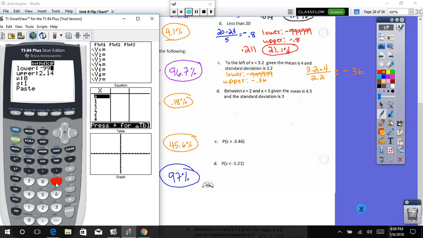Remember, in order to just jump straight into putting it in your calculator, it needs to say z. It does not need to say x. X is the value, not the z-score.